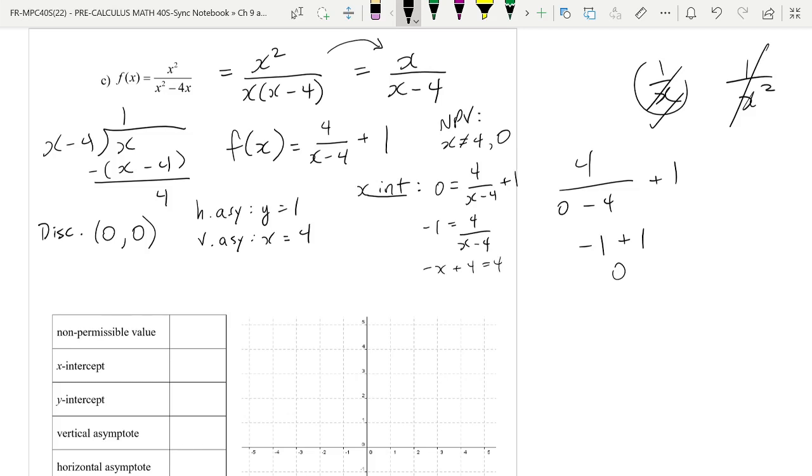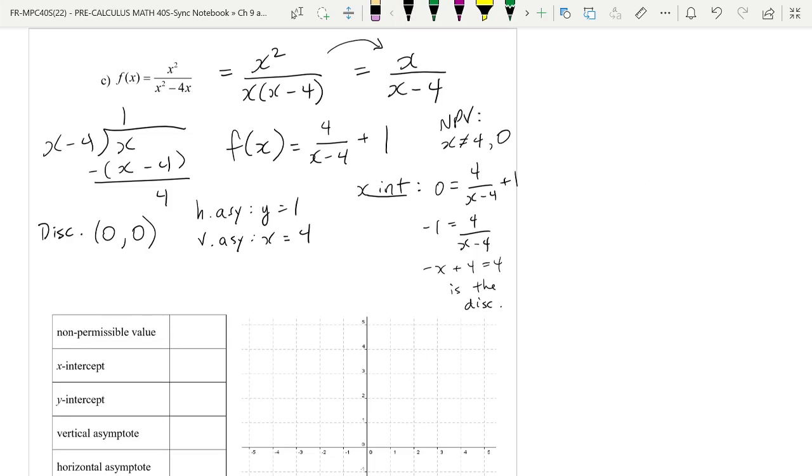And my x-intercept, oh yeah, I kind of already knew this if I look over here. The x-intercept is 0, 0, and I already know that that's a hole. So in other words, my x-intercept is the discontinuity. Okay, I've kind of run out of room, sorry. Hope you can write smaller or maybe supplement with some loose leaf or something.